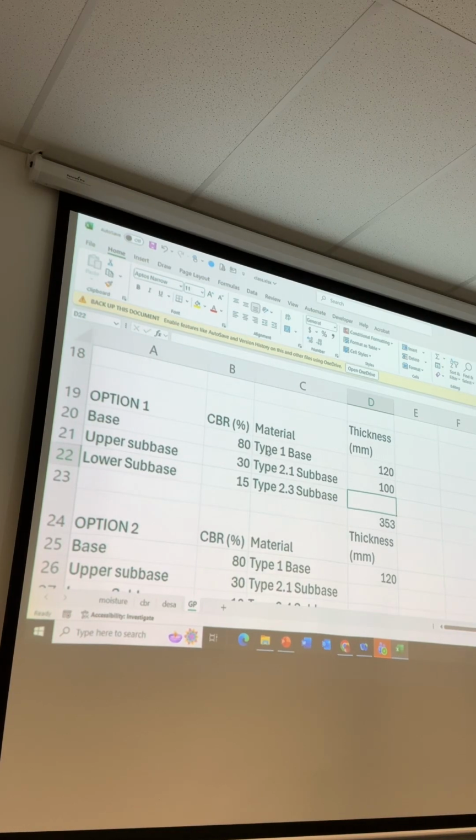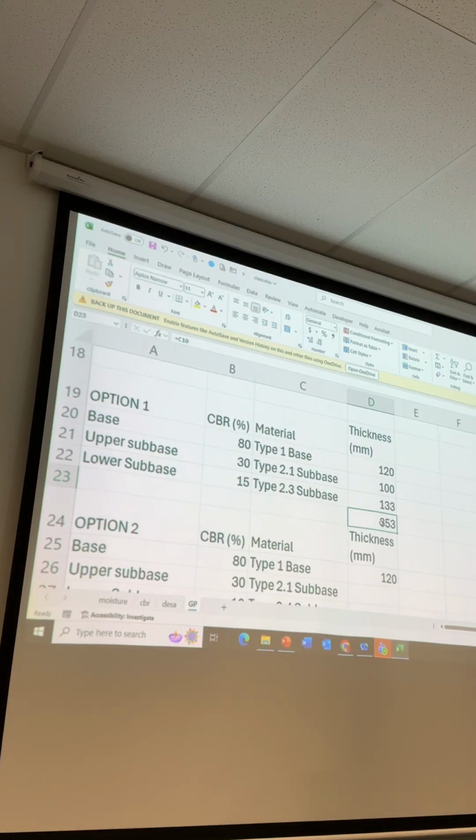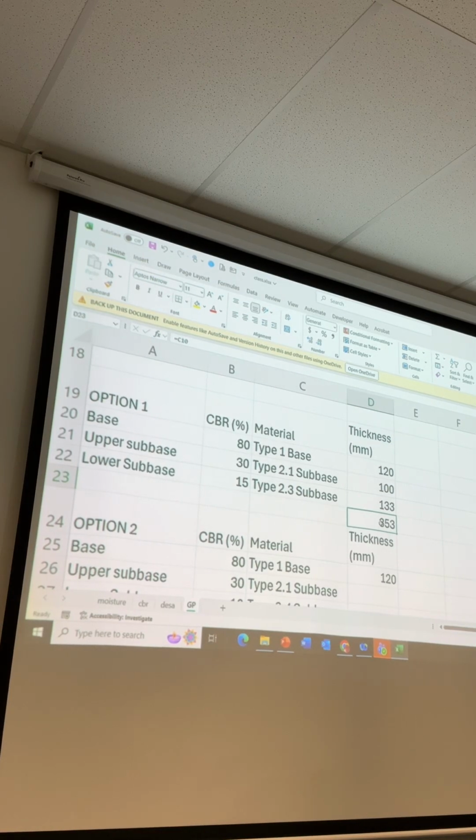And then the one that is missing is just going to be 353 minus 120 minus 100. Agree? Good.